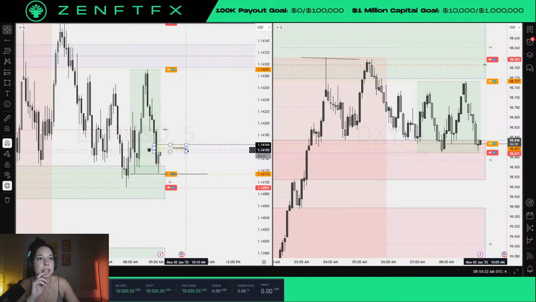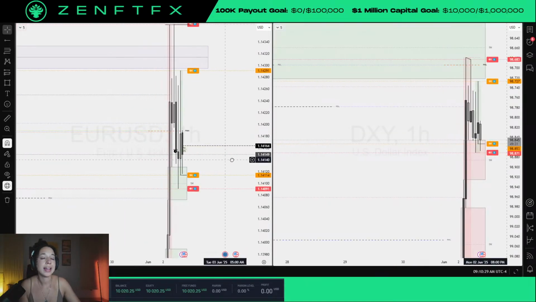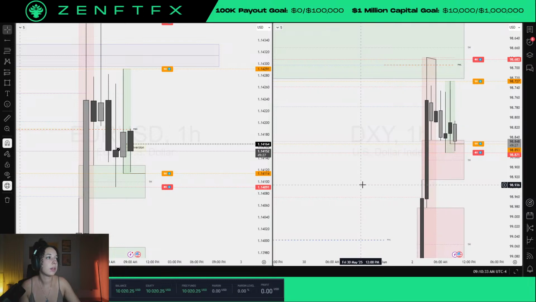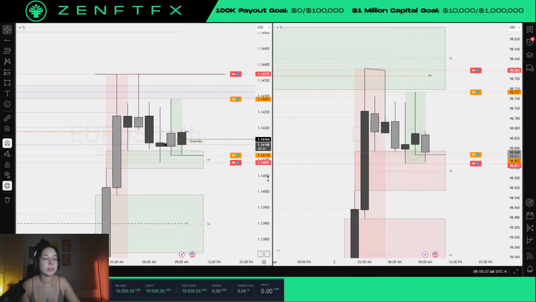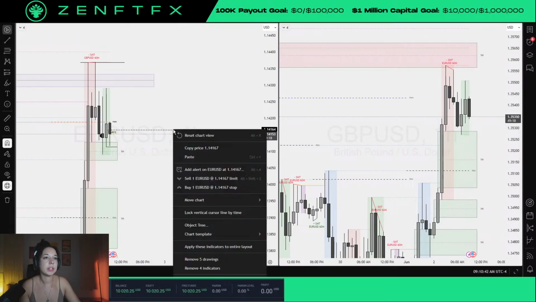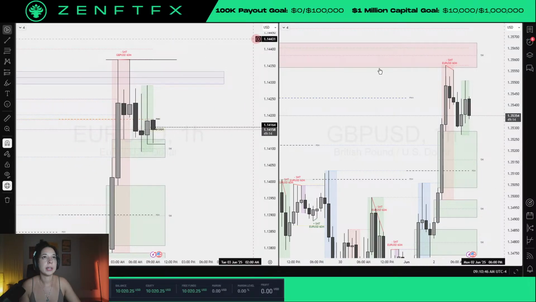I need the candle to close above this level particularly, and not take out the previous hourly low. If it doesn't take out the previous hour low, then I think we look pretty decent for a buy.